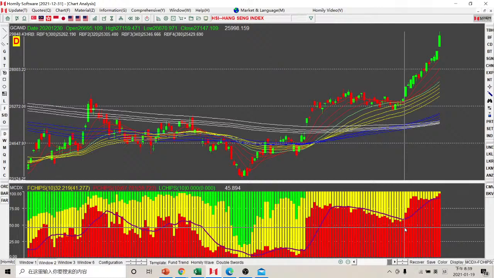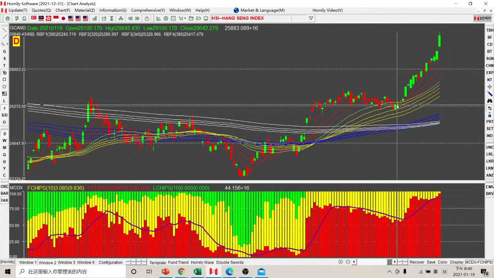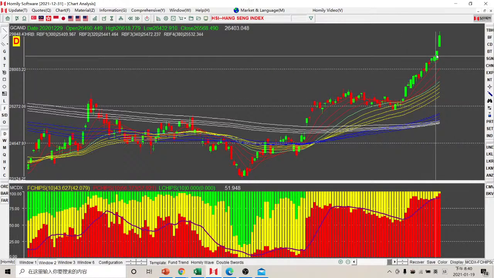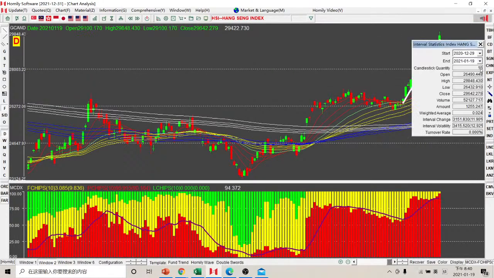The purple line continues turning up, not just from now. It's since December 30, 20 days already, more than 3 weeks. So the red bar broke down the purple line, and the purple line turned up, and the money continues to flow in. That's the reason why the price, the candlestick, continues to hit new highs. In 15 days the index has risen 11.9% already.